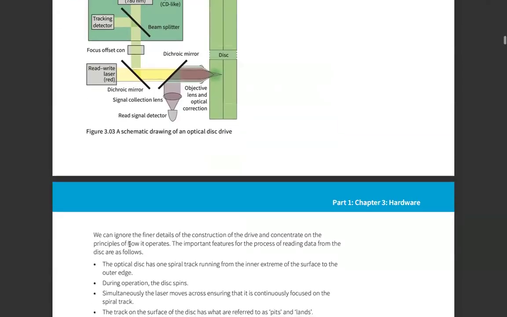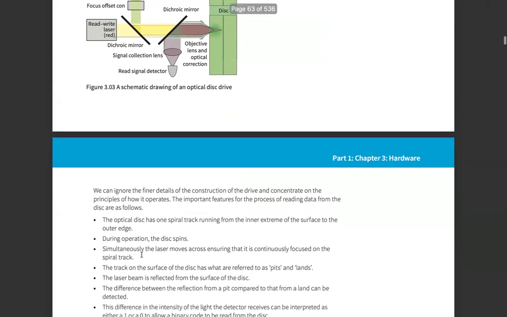Anyway, this is a schematic drawing of an optical disc drive. We can ignore the finer details of the construction of the drive and concentrate on the principles of how it operates. That is what's important. The important features for the process of reading data from the disk are as follows.